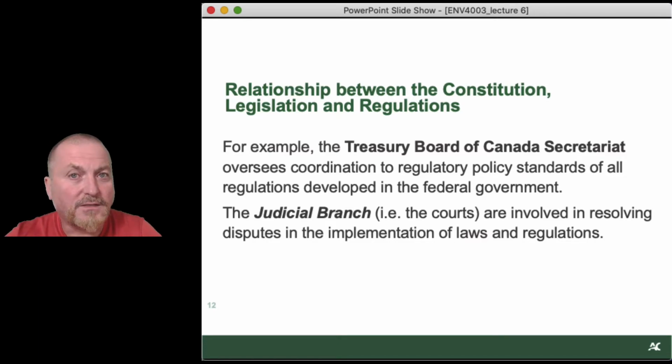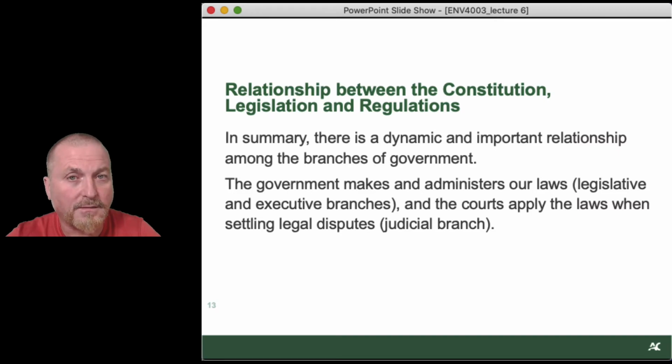The judicial branch is primarily involved in resolving disputes in the implementation of laws and regulations, as I said, with respect to the Supreme Court. In other words, in summary, there's a dynamic and important relationship among the branches of government. One department can't just develop a regulation or a policy instrument that can affect the other mandates of the government without consulting with those organizations.